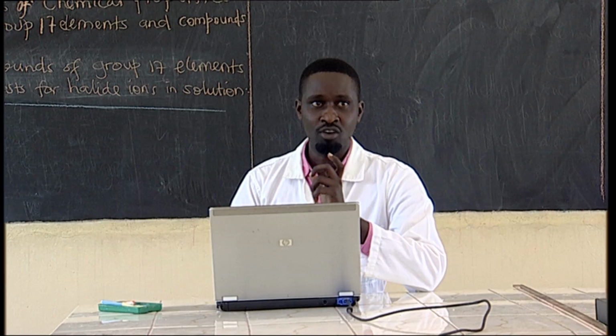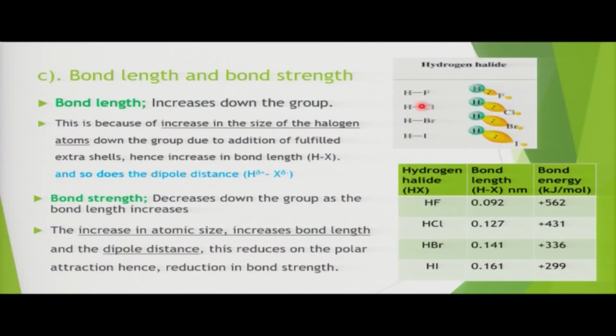In this case, these are covalent molecules. So to break a bond between hydrogen and chlorine or hydrogen and bromine is what we mean as the bond energy, in kilojoules per mole, for a single mole of the hydrogen halide. So the energy needed to break it. As you can see, it decreases down the group as the length becomes longer. So, meaning the bond strength also decreases.